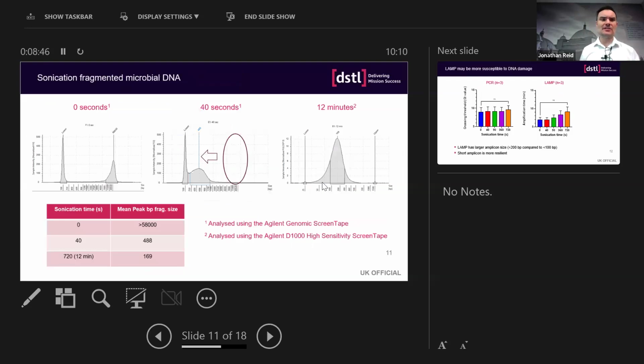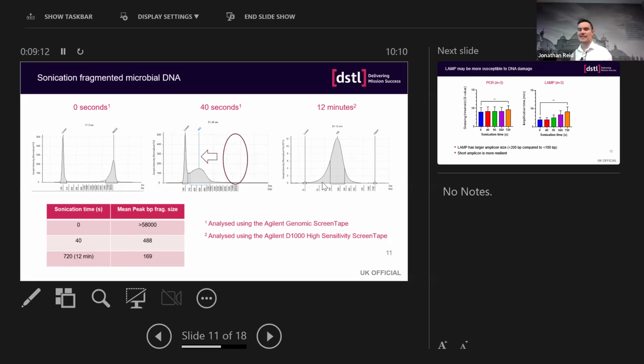And what we saw was actually that sonication works really well as a positive control for DNA damage. You can see in the left graph there, when DNA was not sonicated, an extremely large portion of that DNA is of very high quality. Those fragment sizes are very large, and in this instance, with a mean peak base pair size of over 58,000.